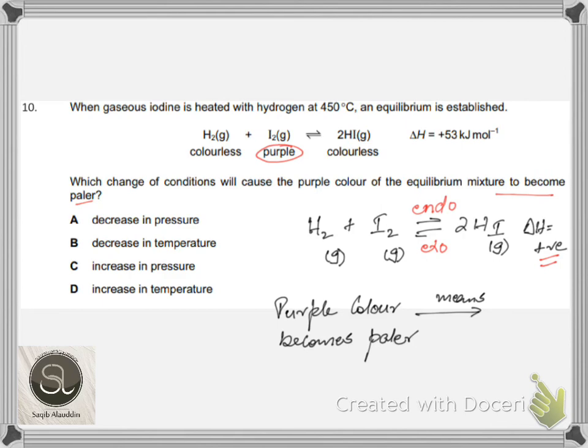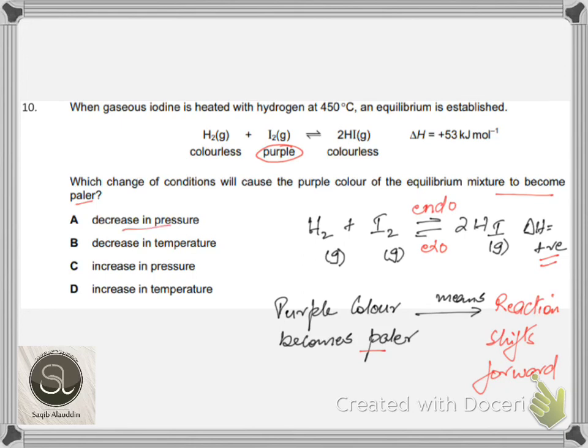So if the purple color becomes paler, it actually means the reaction shifts forward. So the question is really asking which of the following changes will shift the equilibrium forward. Okay, let's check. Decrease in pressure.